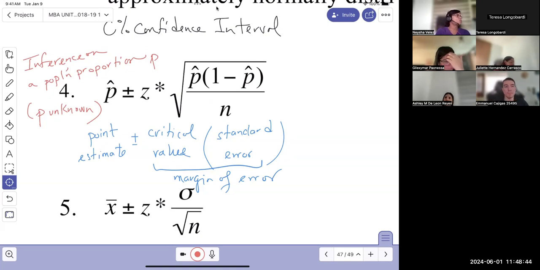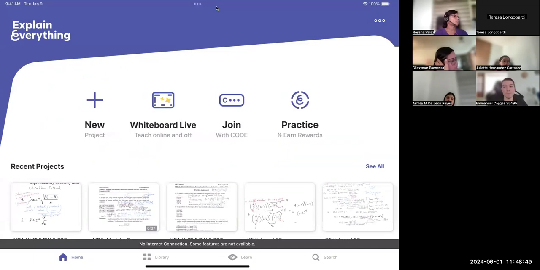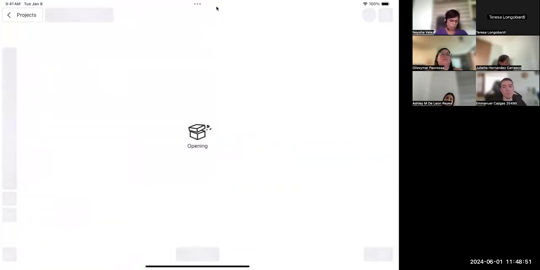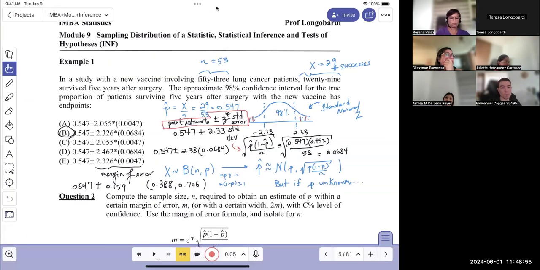Like if we go back to our example of the surgery, our interval is above 0, right? So that's good. I mean, what would make it smaller is if this was a smaller number.